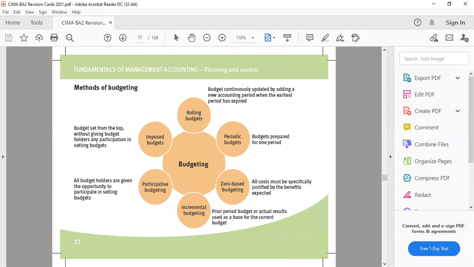Let's understand what are the various methods of budgeting. What is budgeting? The process of preparing budgets is called budgeting.